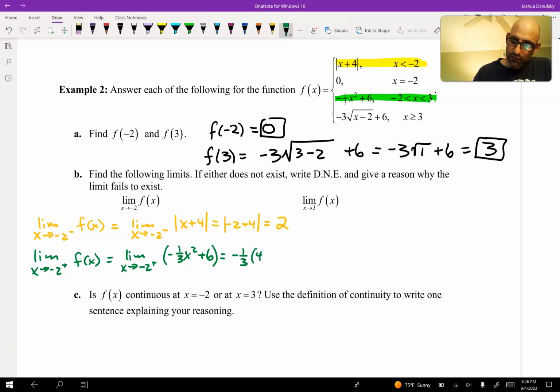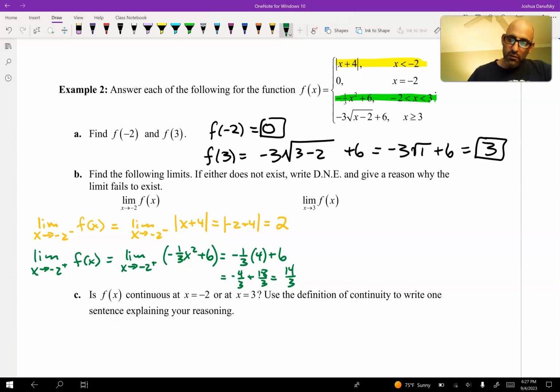Squaring negative 2 gives us 4. So that's going to be negative 4/3 plus 6, which is 18 over 3, which gives us 14 over 3.